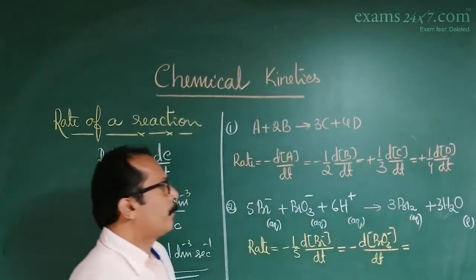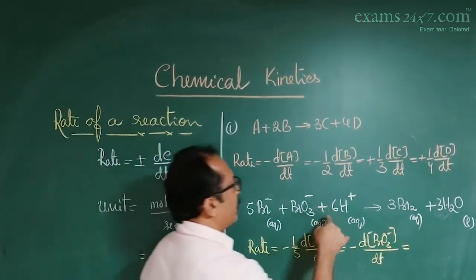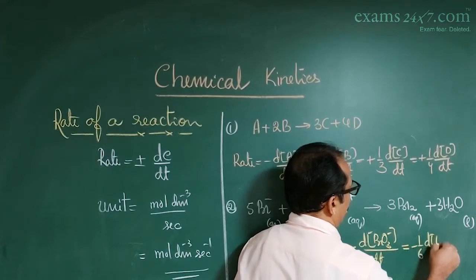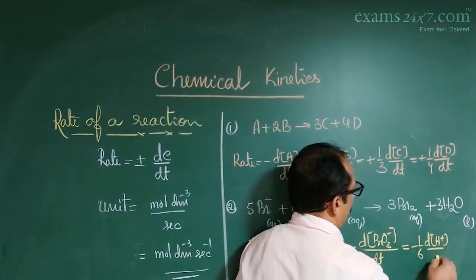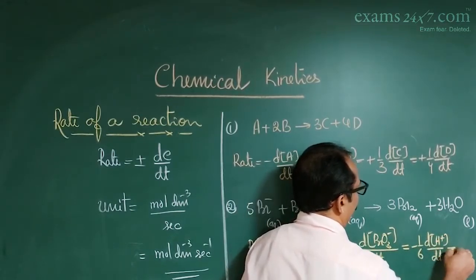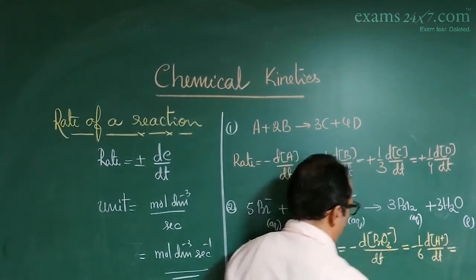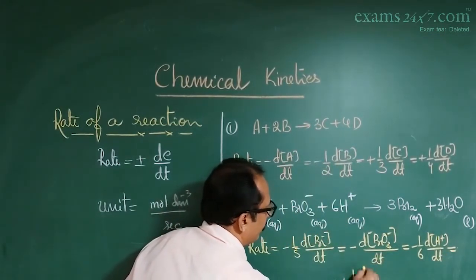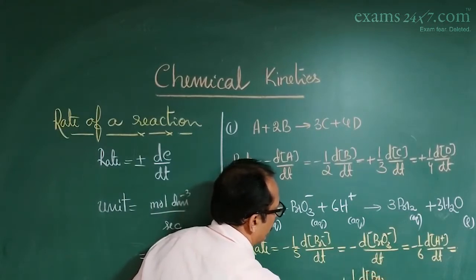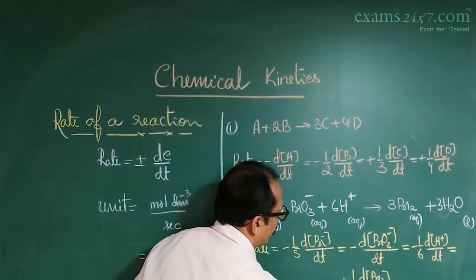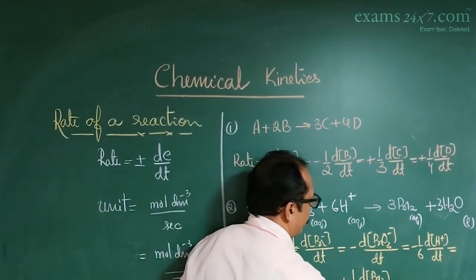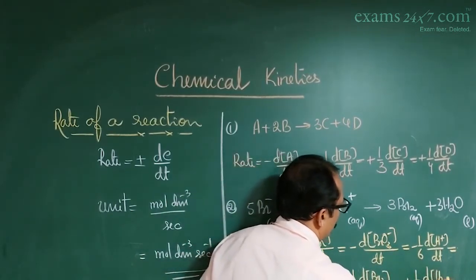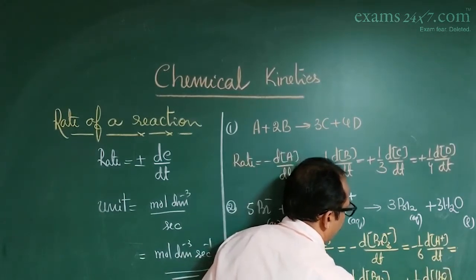Going to the product side, or if you consider H plus ion, minus 1 by 6 change in molar concentration of H plus ion with respect to time, plus 1 by 3 change in molar concentration of bromine with respect to change in time, plus 1 by 3 change in molar concentration of water with respect to change in time.